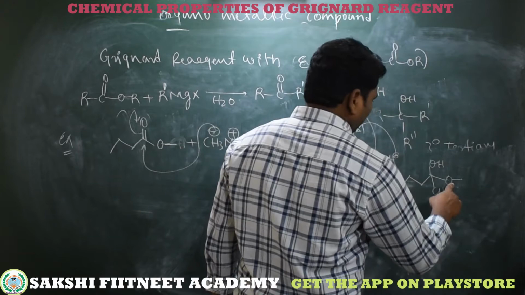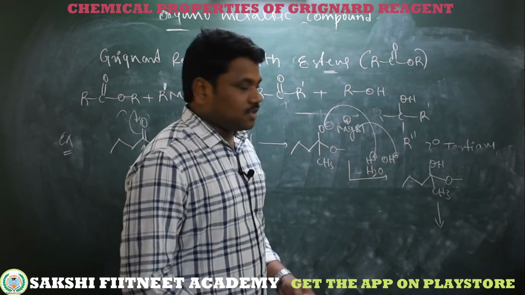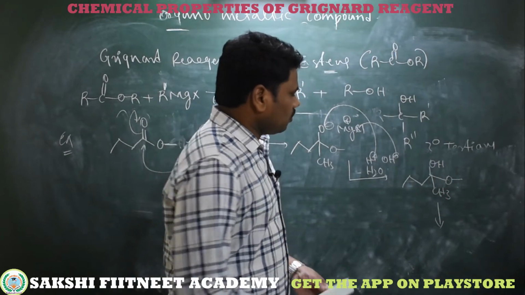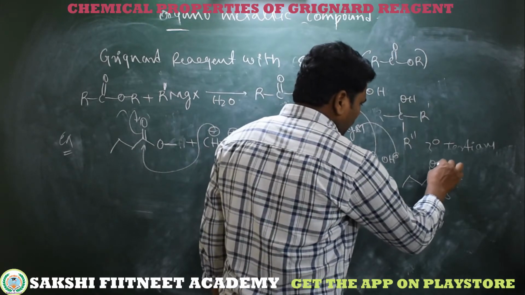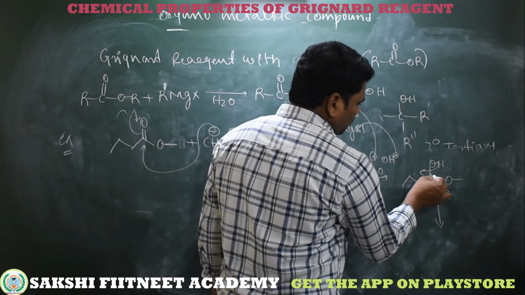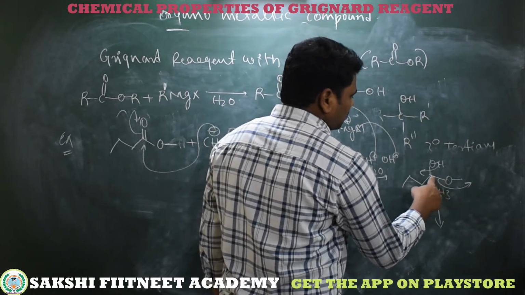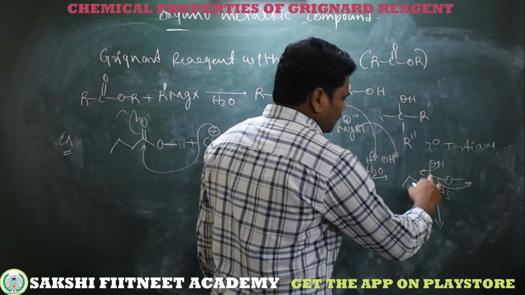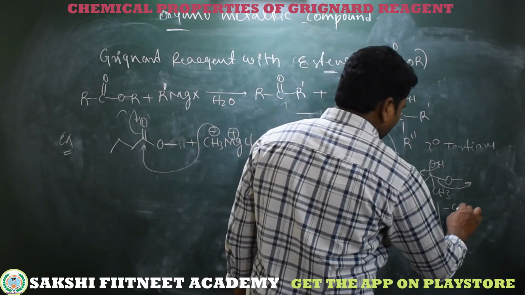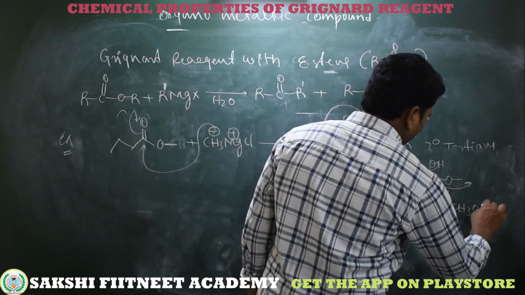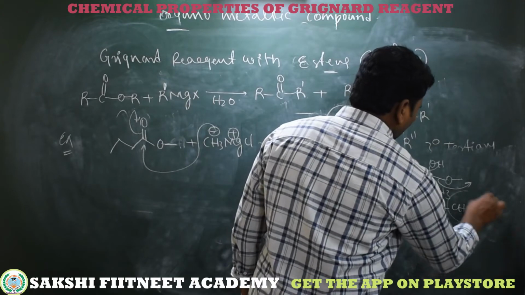So now we have OH and a leaving group, and this undergoes elimination. H plus, and here OCH3 minus, the carbon to oxygen bond cleaves heterolytically, giving CH3OH. So here we got methyl alcohol.